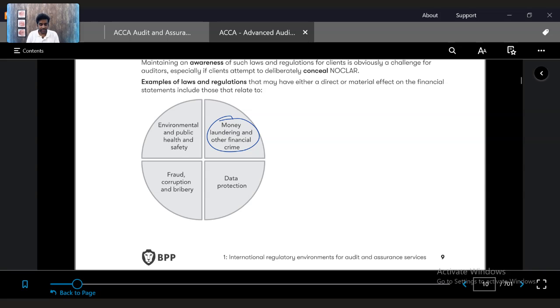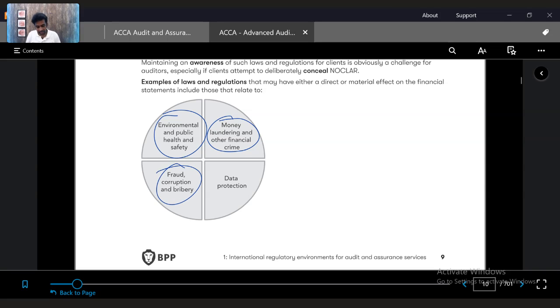For a financial institution, money laundering will have a direct effect, because as per the AML procedures, certain provisions are required to be mentioned in the financial statements. Environment and public safety could have a material effect, because there could be huge fines and penalties, and the company will try to conceal the information.